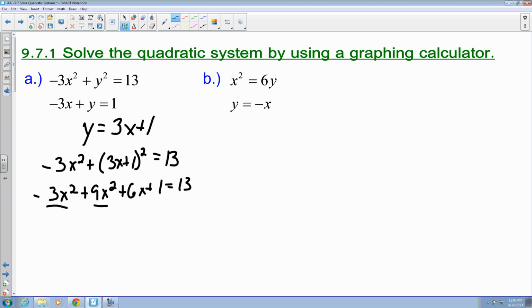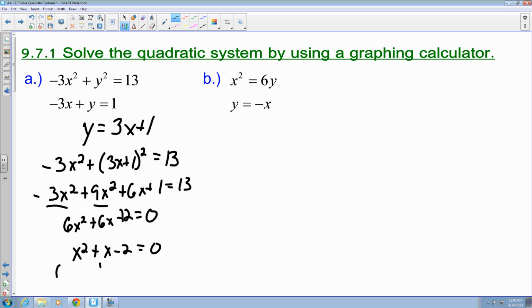When I do that, I get 6x squared plus 6x minus 12 equals 0. I'm sorry, minus 12. But I can divide everything by 6, which leaves me with x squared plus x minus 2 equals 0.